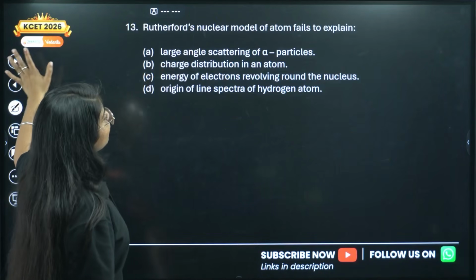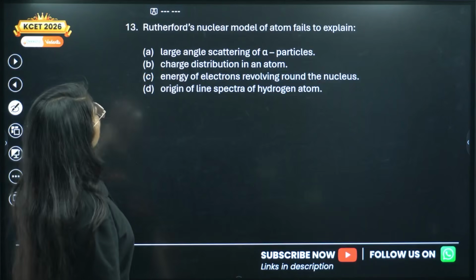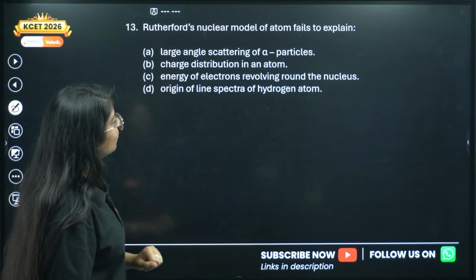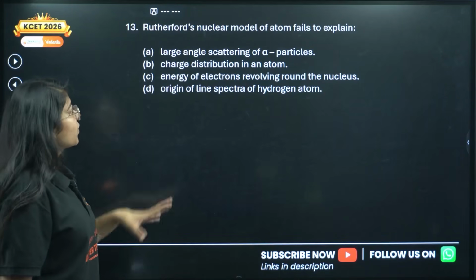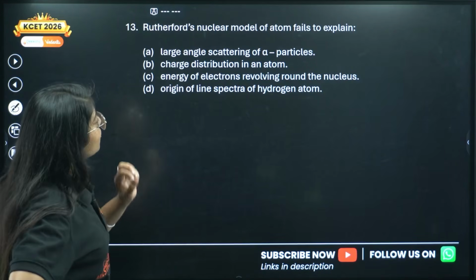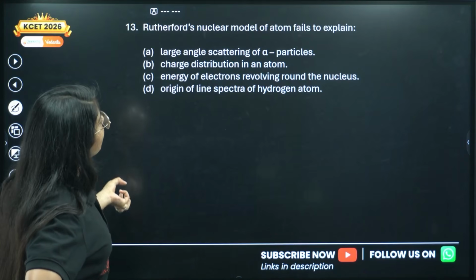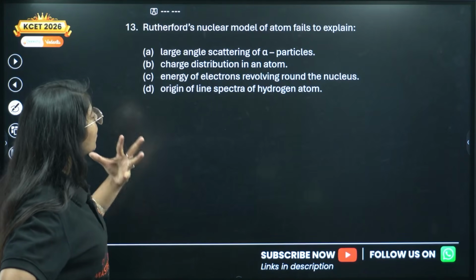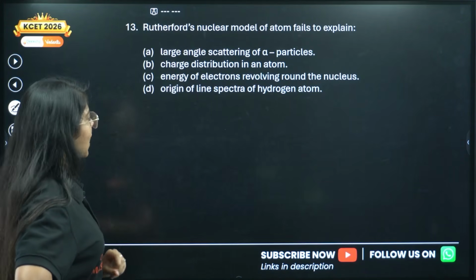Okay, 13th question, it says Rutherford's nuclear model of atom fails to explain what? Large angle scattering of alpha particles, charge distribution in an atom, energy of electrons revolving around the nucleus, or origin of line spectra of hydrogen atom.